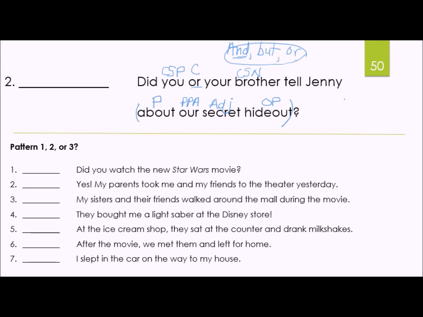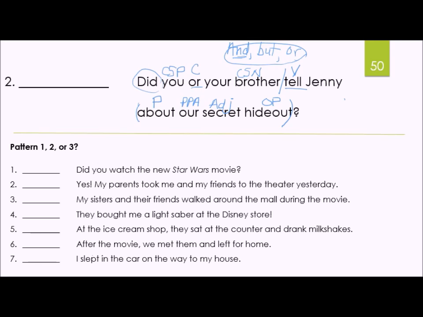Okay. What is being said about you and your brother or your brother? Tell, did tell. Okay, that's your verb. Now remember, to find the verb phrase, sometimes it has a helping verb, like this word did.